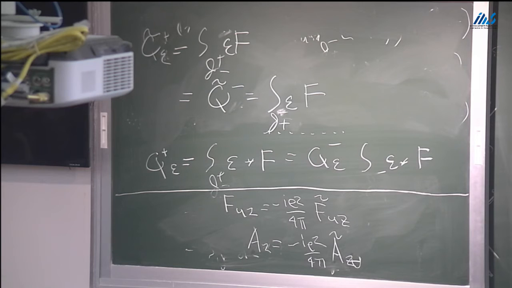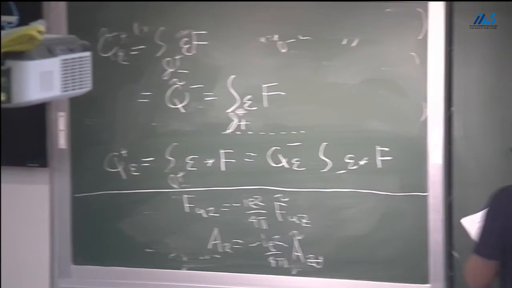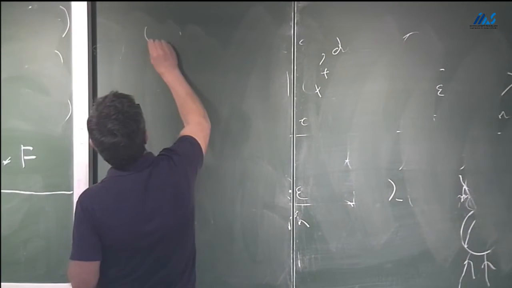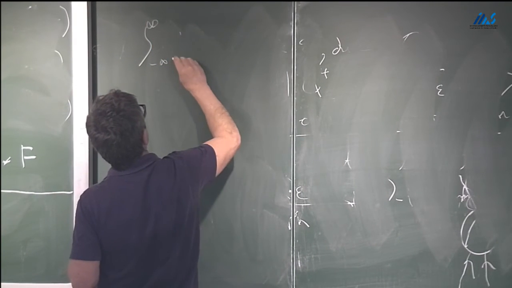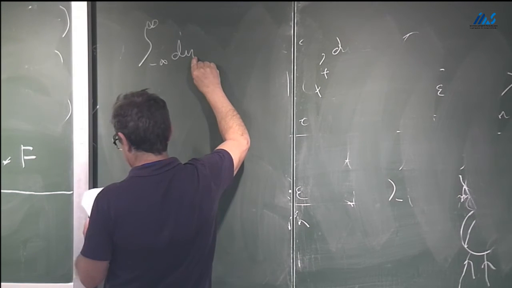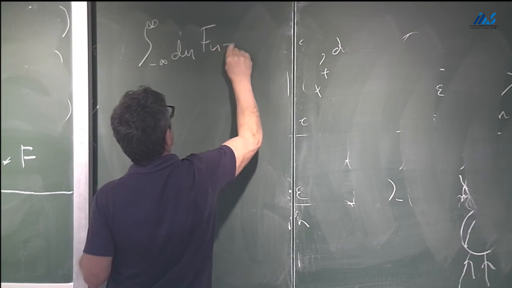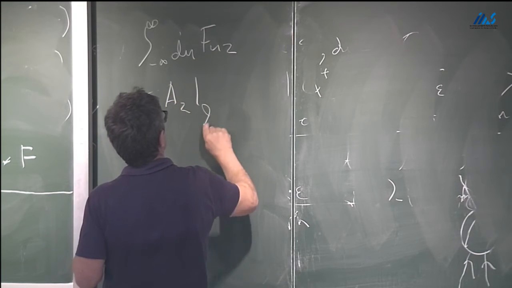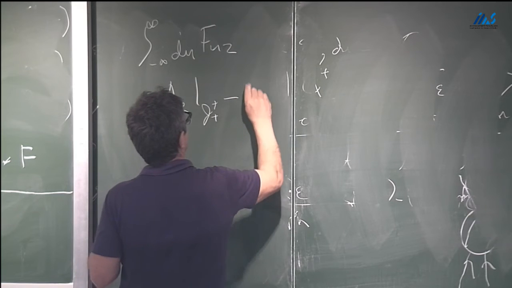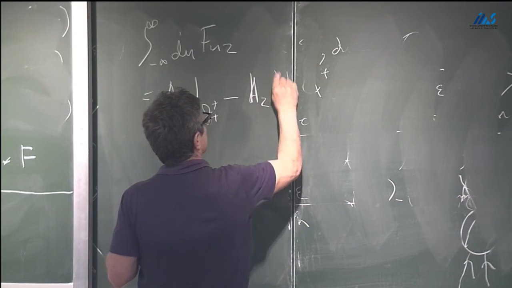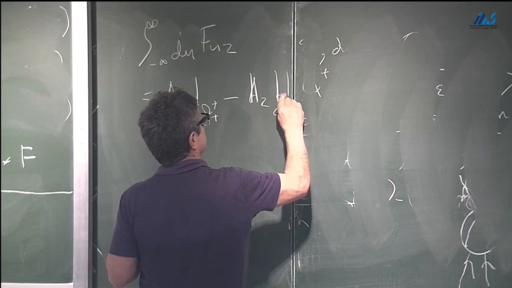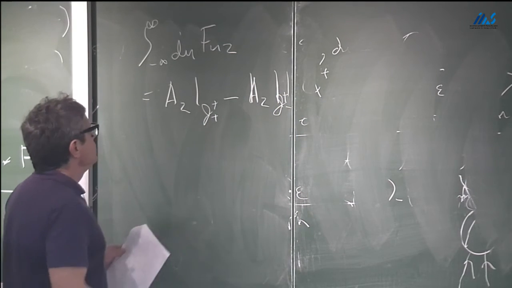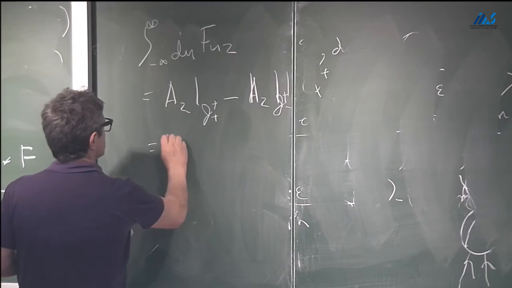If we compute the soft photon zero mode, the integral over u from minus infinity of F_uz, the soft photon mode, which is equal to A_z at scri plus plus minus A_z at scri plus minus, the difference in the gauge potential, let's call this N_z.